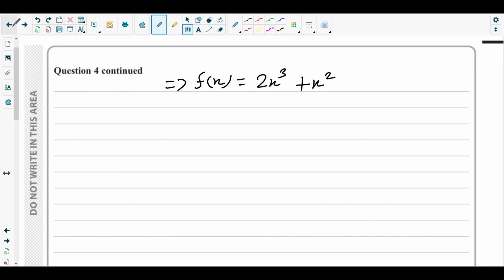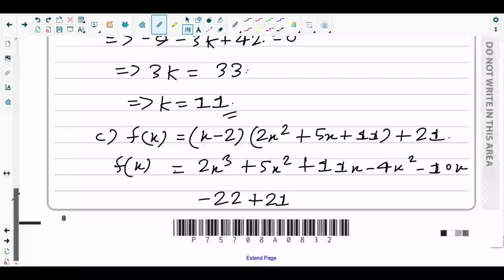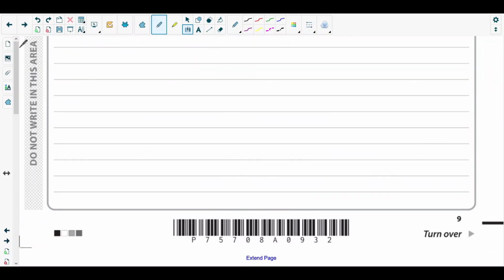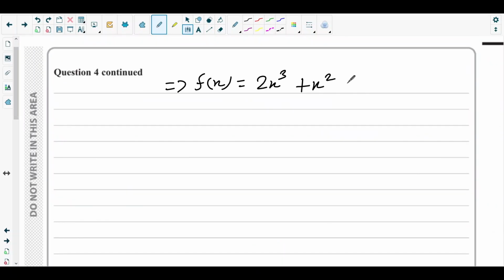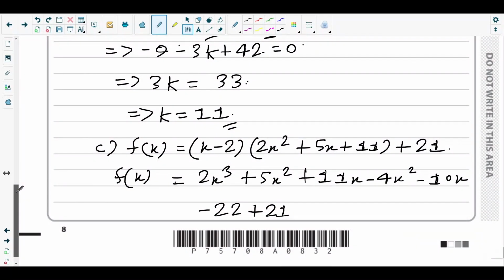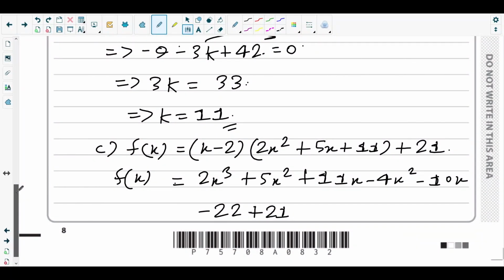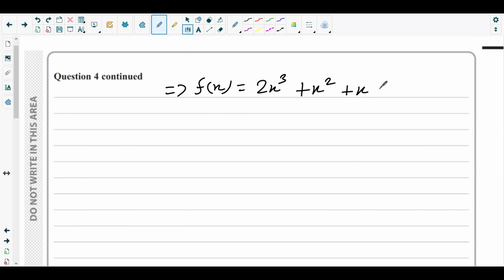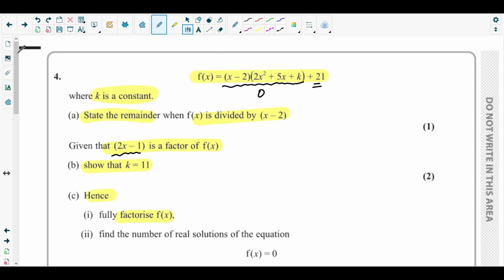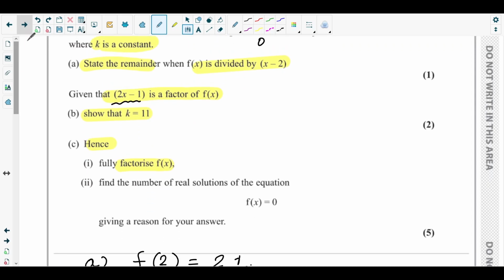The terms with x are 11x minus 10x, that is just plus x. And then the constants, negative 22 plus 21, so this is basically negative 1. So 2x minus 1 is a factor of f of x.